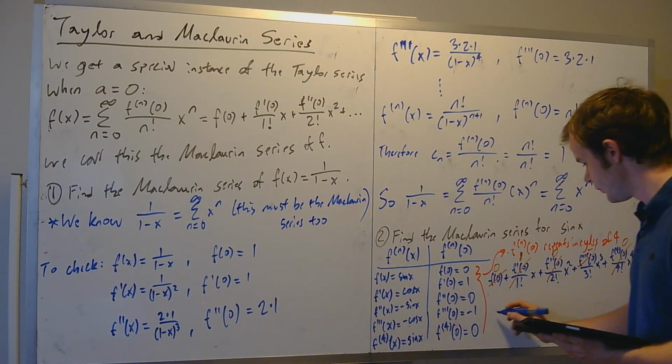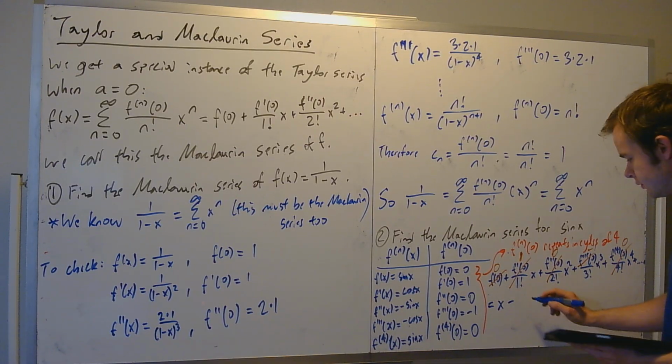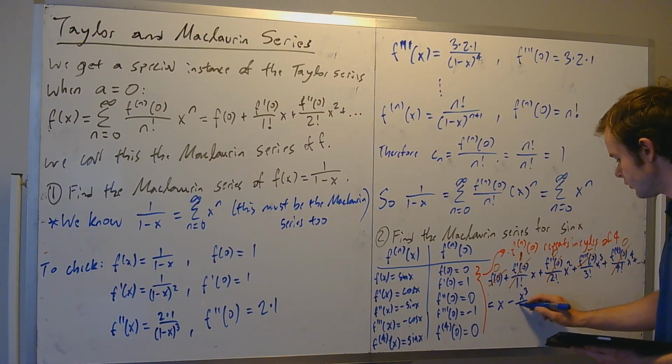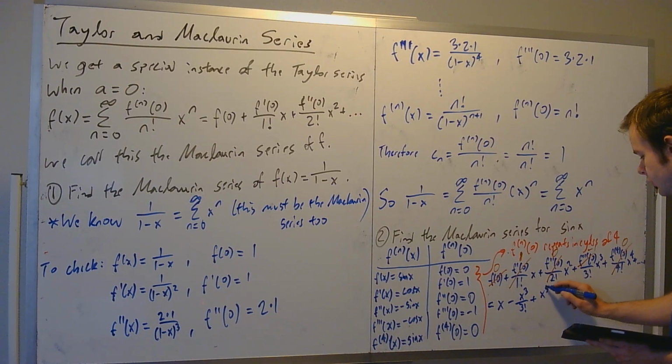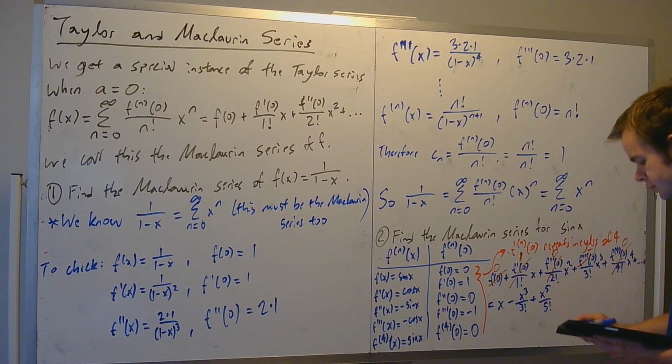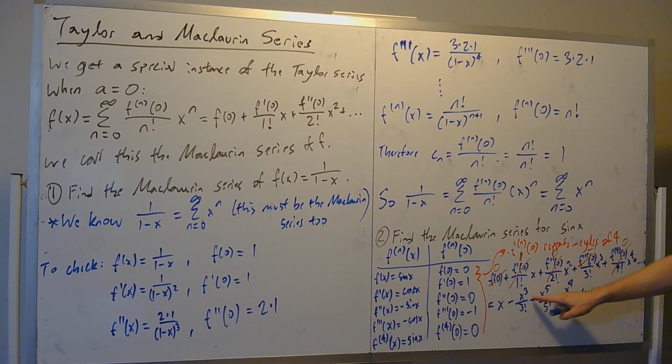So if we do that, then we're going to get the terms x minus x cubed over 3 factorial plus x to the 5th over 5 factorial minus x to the 7th over 7 factorial, and so on. Right, so you can see here we're just getting the odd numbers, and we're alternating signs between 1 and -1.